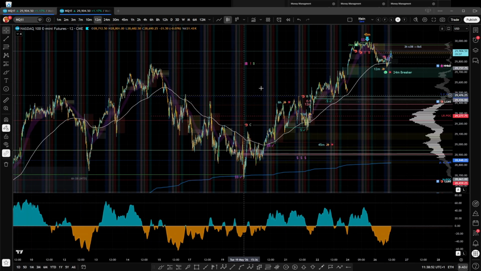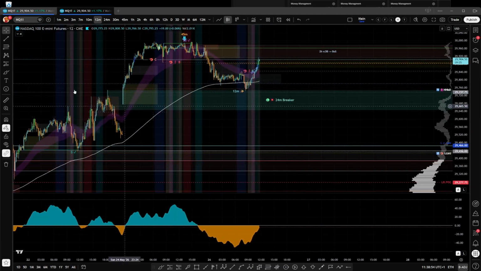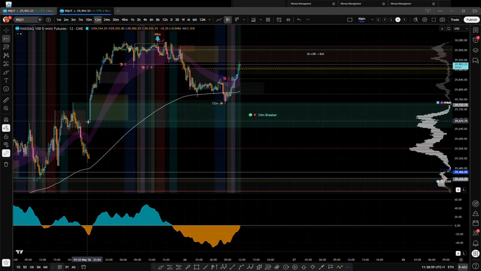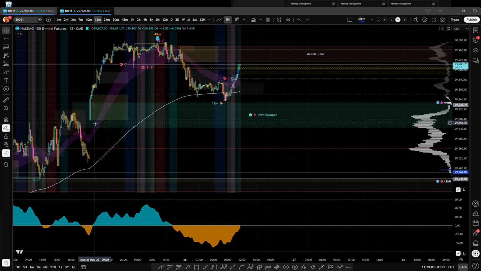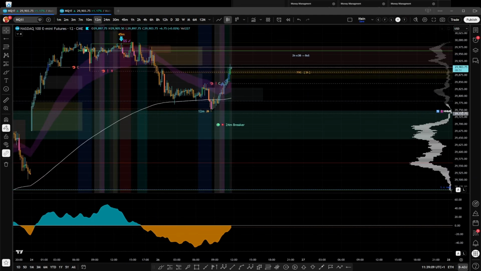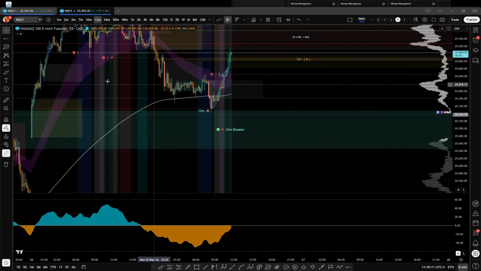So yeah, this gap is ugly, but learn to not focus on gaps like this, because especially with the NQ, it can just be like, to hell with your gaps. We're gonna make you look at that forever.